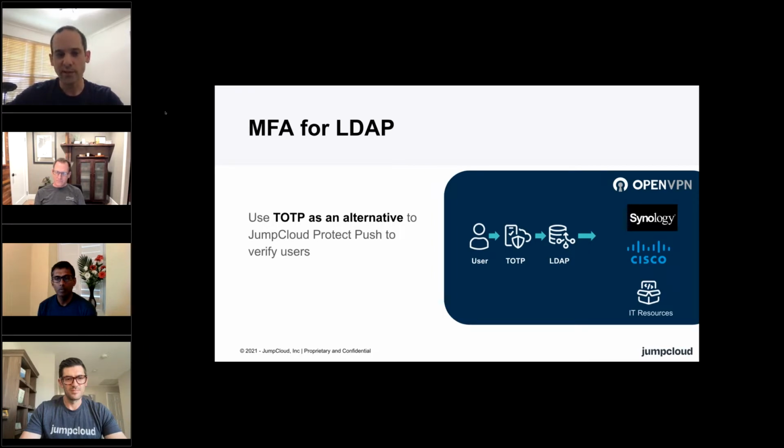What we've done in the past is we've added the ability to use push authentication into LDAP, and what we've heard from customers is continuously the need in some specific cases to use TOTP appended after a comma in the password field within that LDAP application. So that is coming out in Q4. We will have the ability to add a one-time password based on TOTP as part of your ability to log on to an LDAP resource in addition to push.